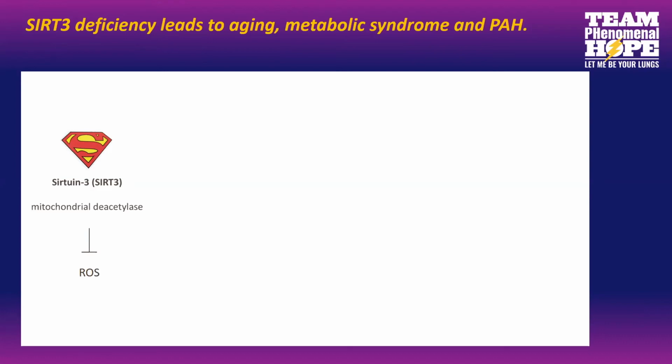So we found that SIRT3, which is a mitochondrial deacetylase in skeletal muscle, may be a key. So as mentioned, SIRT3 is a mitochondrial deacetylase. Normally, its function is to detoxify reactive oxygen species, which is a little bit like a harmful accident if you have too much, because it can damage the cells and DNA, RNA, proteins. So usually it's a harmful thing.